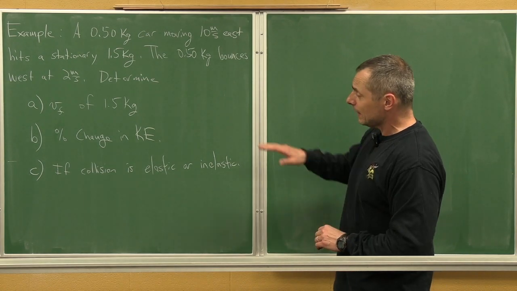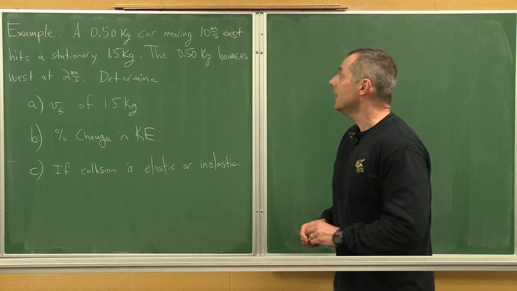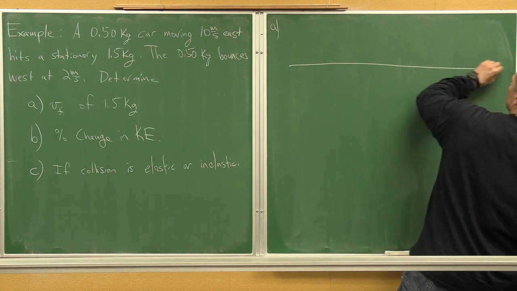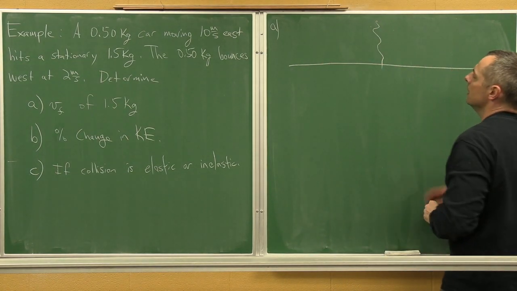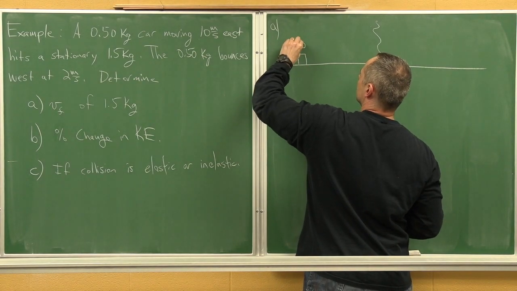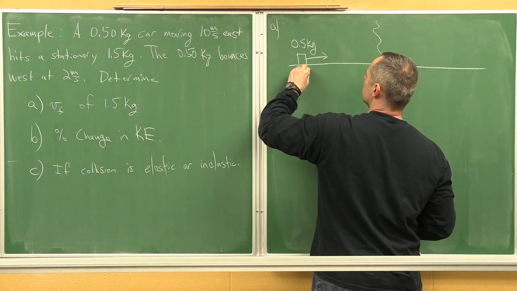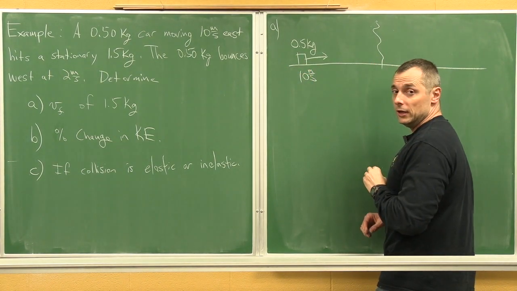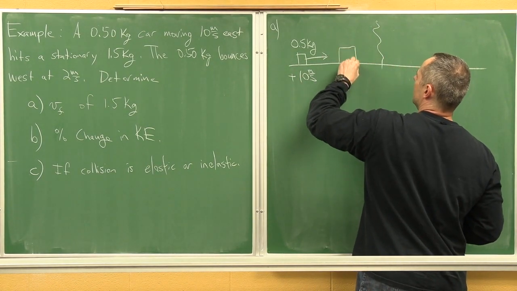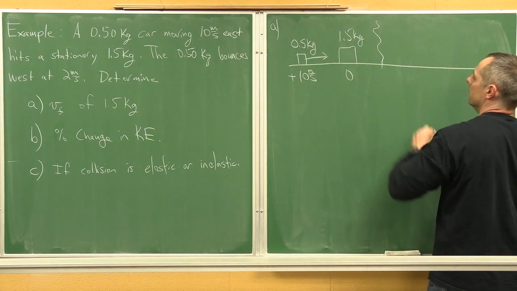So as always, what we're doing when we use a momentum conservation calculation, we're starting by sketching a diagram. Before and after. So what we have is the 0.5 kilogram car moving at 10 meters per second. Momentum and velocities, they're all vectors. So let me call this positive 10 in this direction, and then 1.5 kilograms at rest, which is 0.